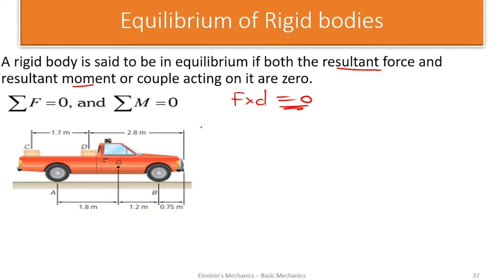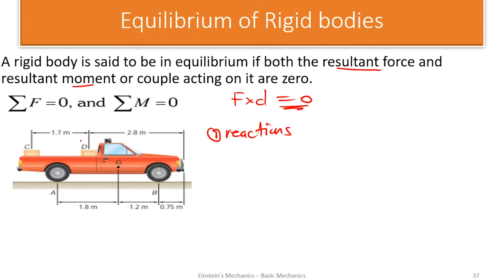Are we good? In some instances, we have to find certain reactions, and sometimes summing the forces alone will not give us a clear understanding of the equilibrium nature. So we include the moment.